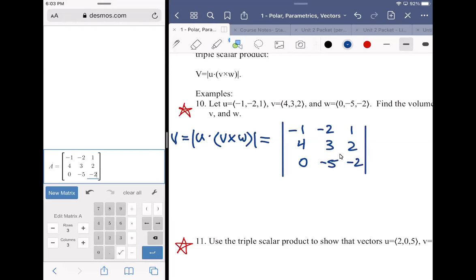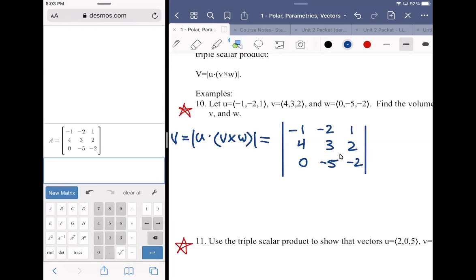So I pop in my matrix, hit enter to lock it in, and then I'm just looking for the determinant of that matrix A. And it tells us that we're looking at a determinant of 40.